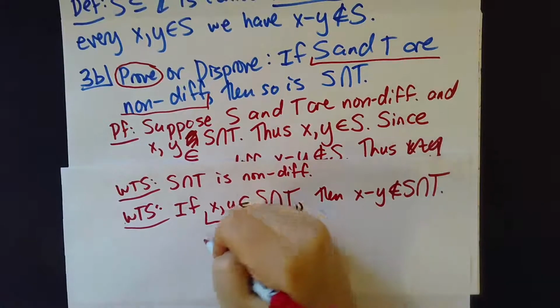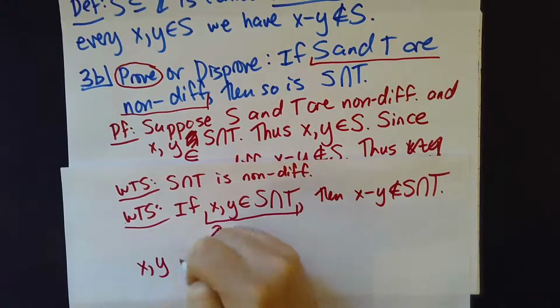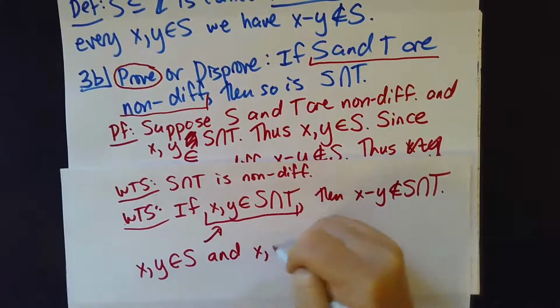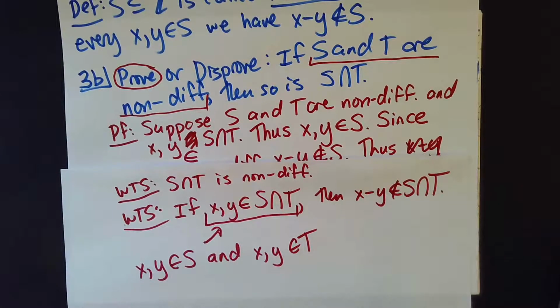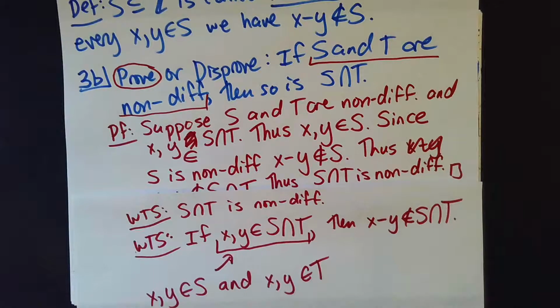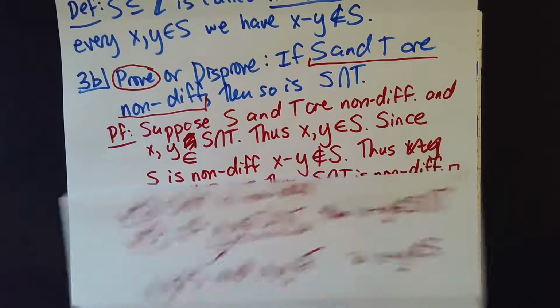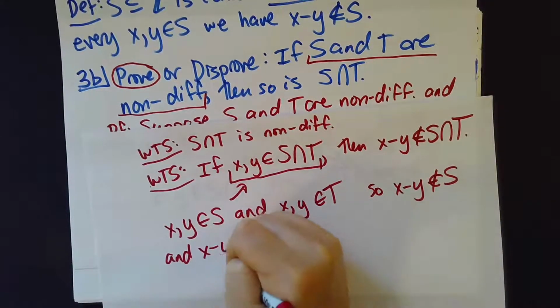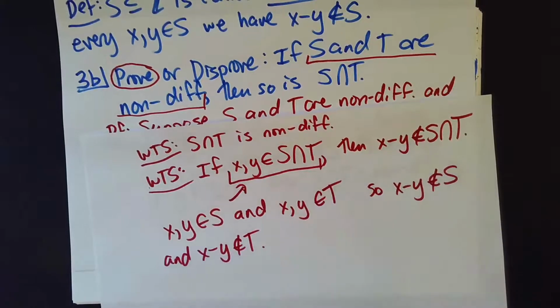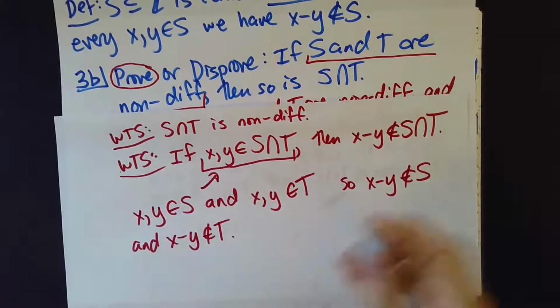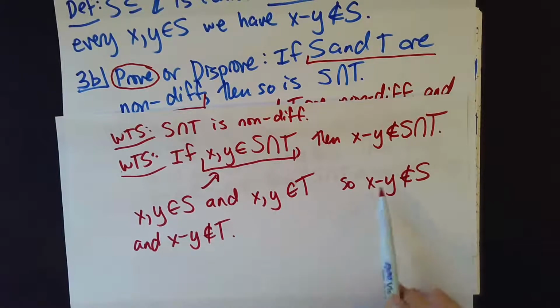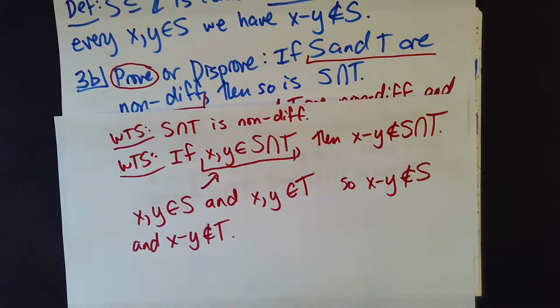I know x and y are in S and x and y are in T. And you might have at first said, okay, so x minus y is not in S, and x minus y is not in T. But then when you want to write this down, you might have said, okay, so x minus y is not in the intersection of S and T, which is certainly true, but in fact x minus y is in neither S nor T, but you don't actually need to know both of those in order to prove the statement that you're asked to prove.